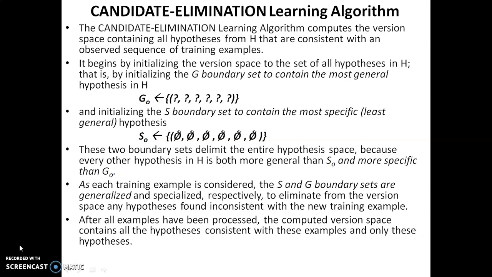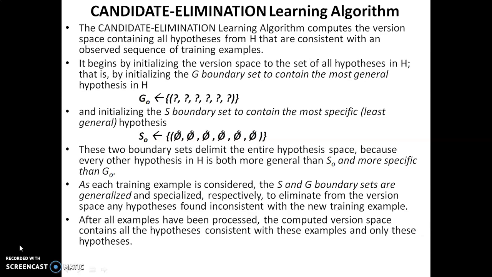The general boundary leads to a generalization of hypothesis. We call it the most general hypothesis that will accept all the values. Another one is the specific boundary. A specific boundary is the most specific hypothesis which contains all null values.